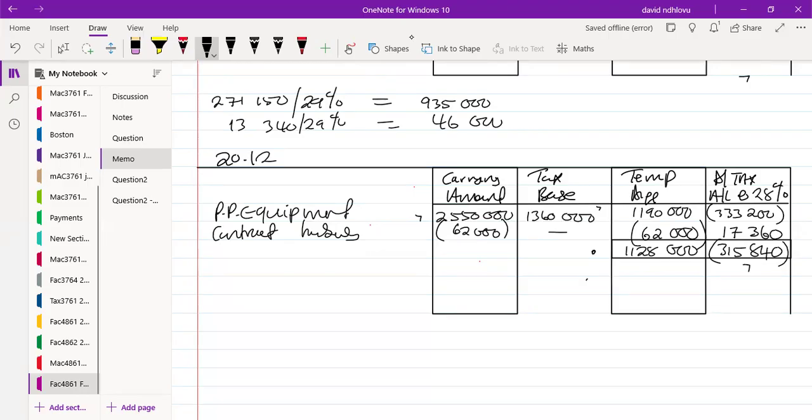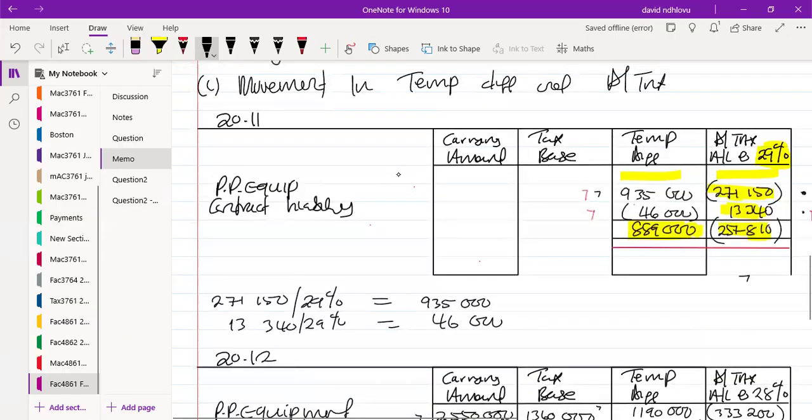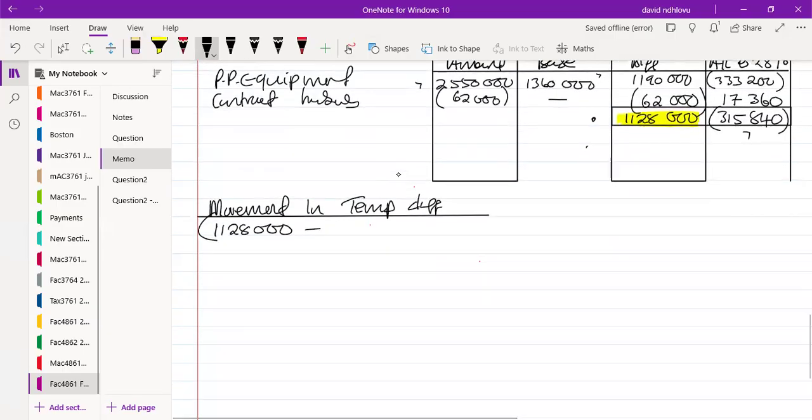Once we have that, next step, movement in temporary differences. Right, for you to calculate the movement, you must have the current year temporary differences 1,128, less the prior year, which is 889.